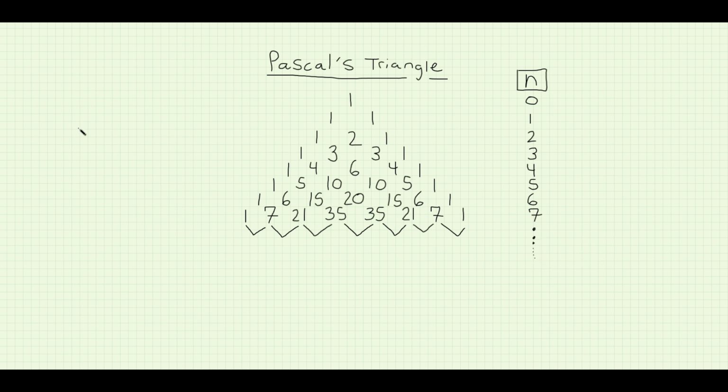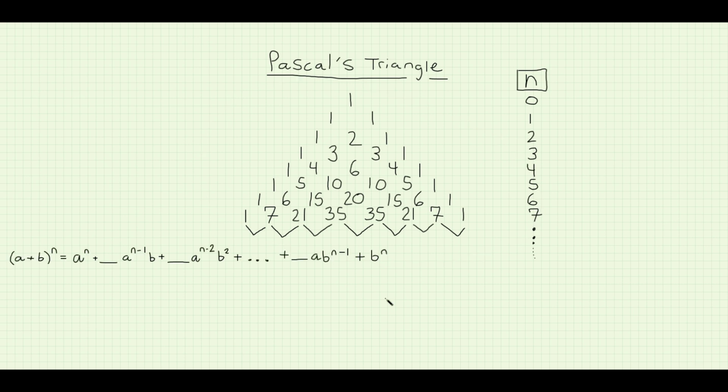Pascal's triangle is an alternative to the binomial theorem in that it allows you to find a binomial raised to the power of n by using Pascal's triangle to calculate the coefficients of the following formula.